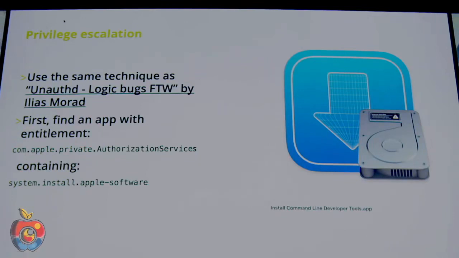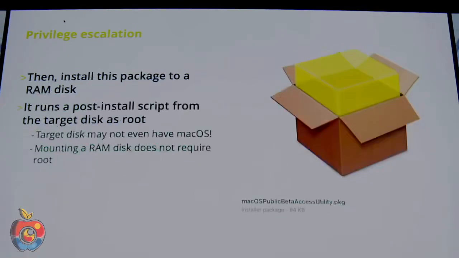And any installation of a package runs as root. So then, from the write-up of Ilias, there's also this macOS public beta access utility package. This is basically, if you want to enroll into the macOS beta, you need to install this package. What this package does is that in its post-install script, it runs a command from the disk you install it to.